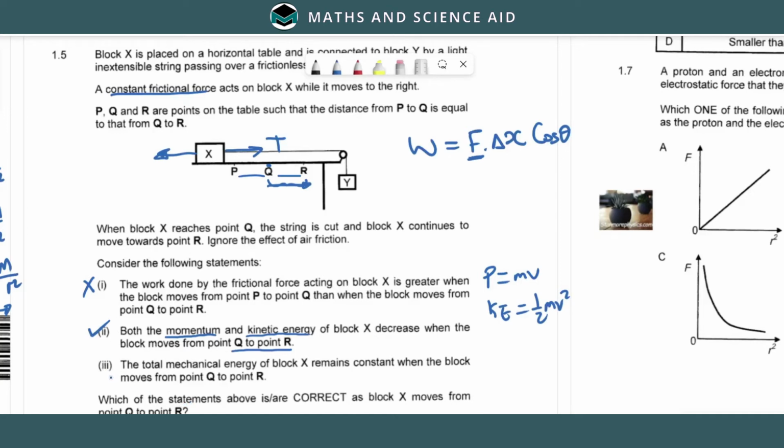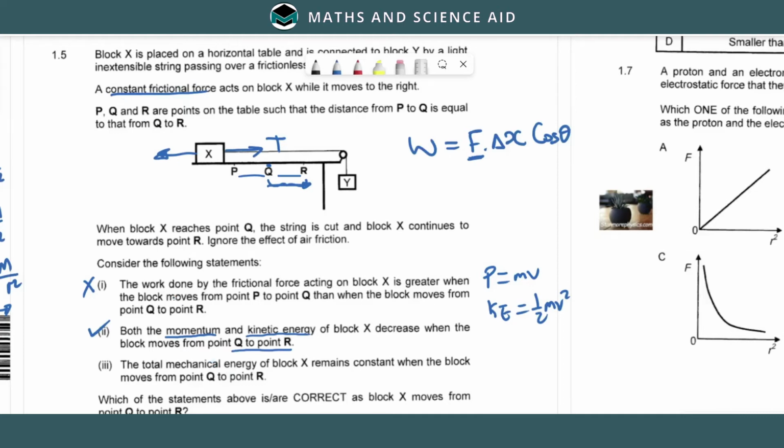And now the third statement says the total mechanical energy of block X remains constant when the block moves from point Q to point R. This is very incorrect because, first of all, this is not an isolated system. There is friction that is acting, and energy can only be conserved if the system is isolated.